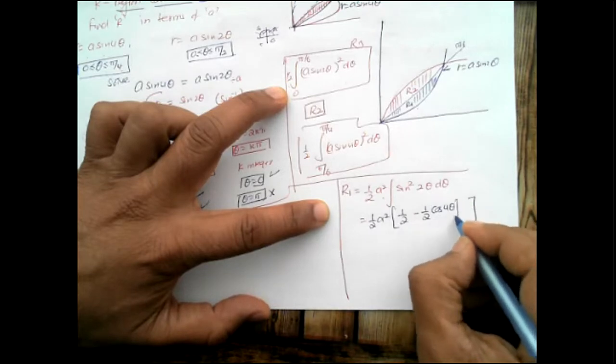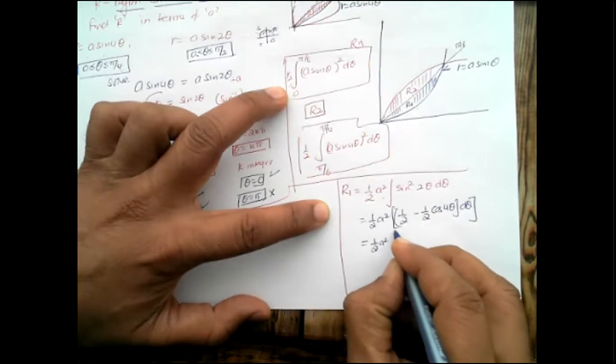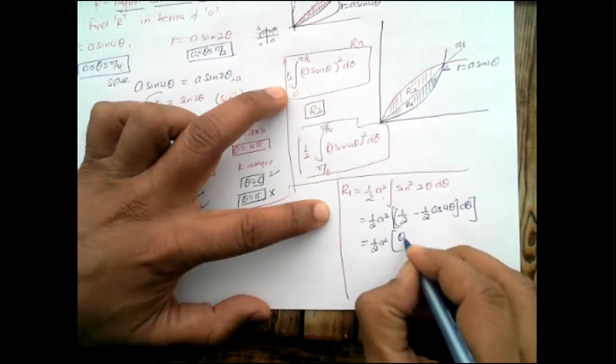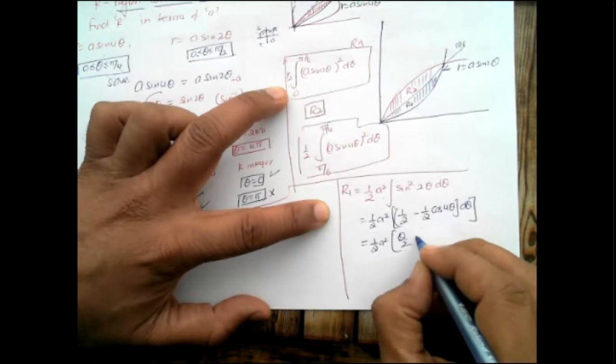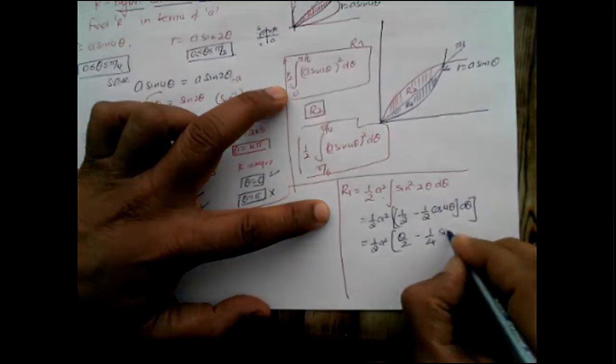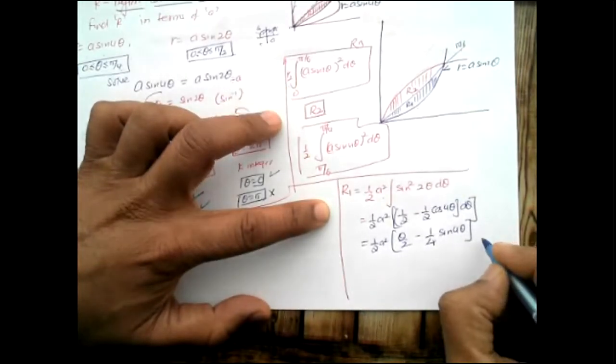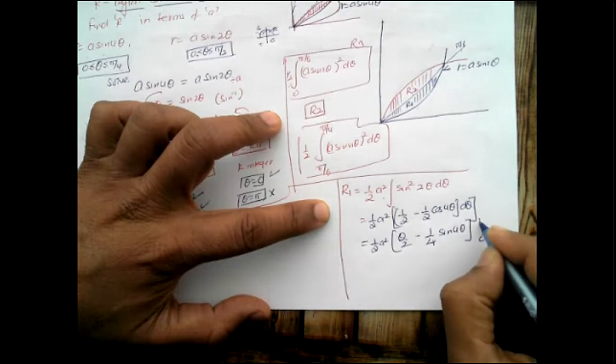Now I'm going to integrate all of that. Half a squared is outside, this is theta over 2 for that, and minus 1/4 sine 4 theta, and then the limits are 0 and pi by 6.